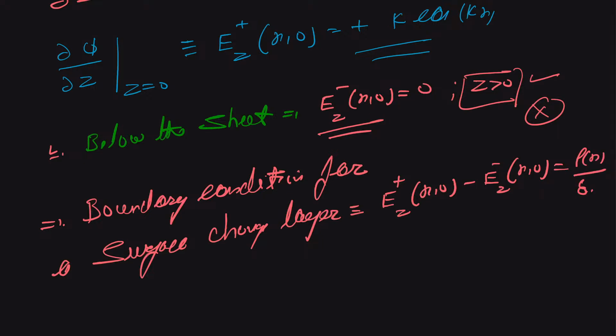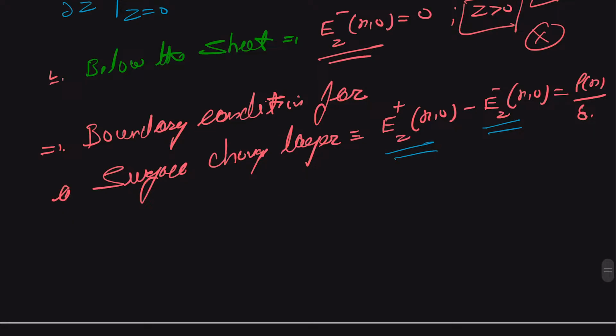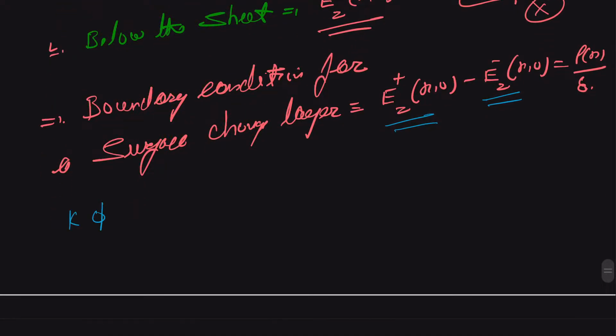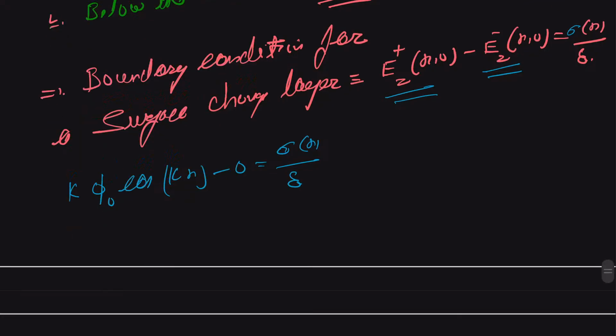We know for below the value is equal to 0, and for above we just found out. So we substitute the above value and we get k phi naught cos of kx minus 0 is equal to, charge density, sorry, it is given as rho, rho of x upon epsilon naught.